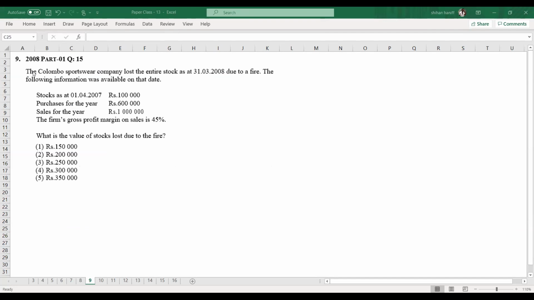Right? The Columbus Sportswear Company lost the entire stock as at 31st March 2008 due to a fire. The following information was available on that date.